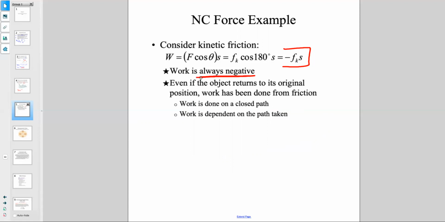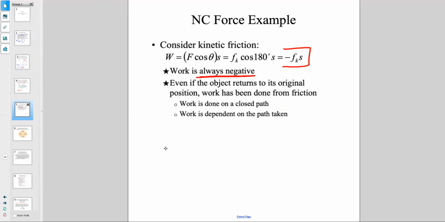The work done by friction is always negative, unless, like an example we talked about before, a box in the back of a pickup truck, then that would be positive. But usually, 99% of the time, the work done by kinetic friction is negative. Even if the object returns to its original position, work has been done by friction.